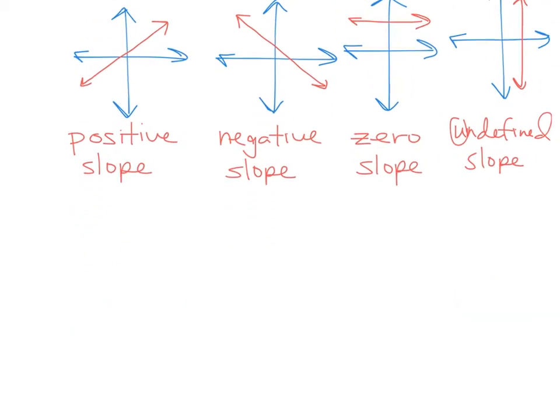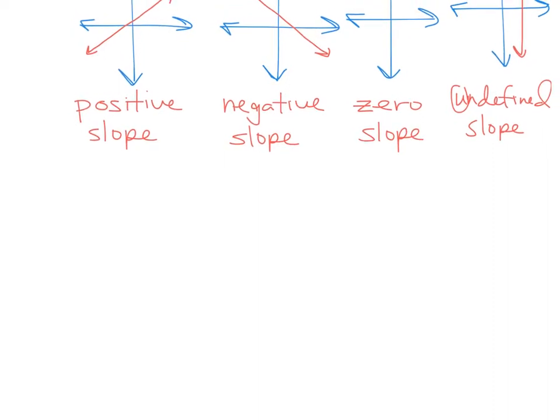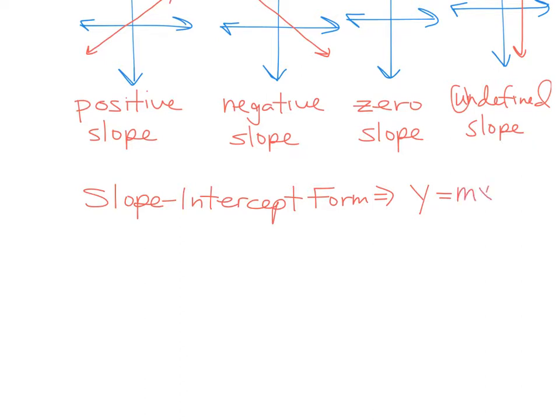Okay, then I have 2 forms of equations that we're going to be working with. The first one is slope-intercept form. Anyone remember what slope-intercept form looks like? Y equals mx plus b.